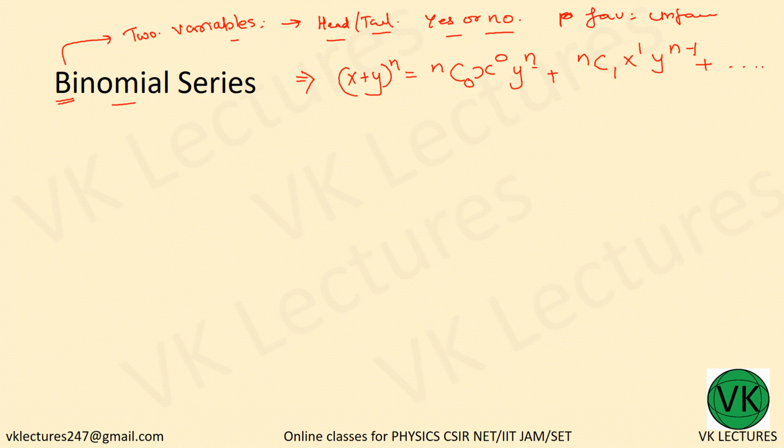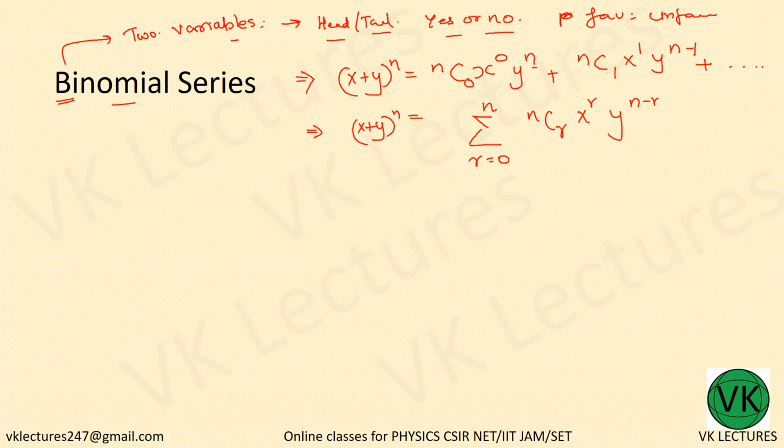Okay, and in the form of summation you can write x plus y whole to the power n is equal to the sum over r equal to 0 up to n of ncr x to the power r into y to the power n minus r. So this is x plus y whole to the power n. Now you can have any restrictions on x and y so that you get the final output.